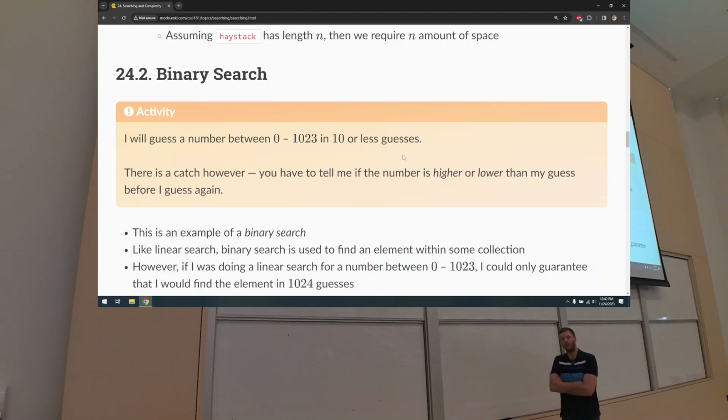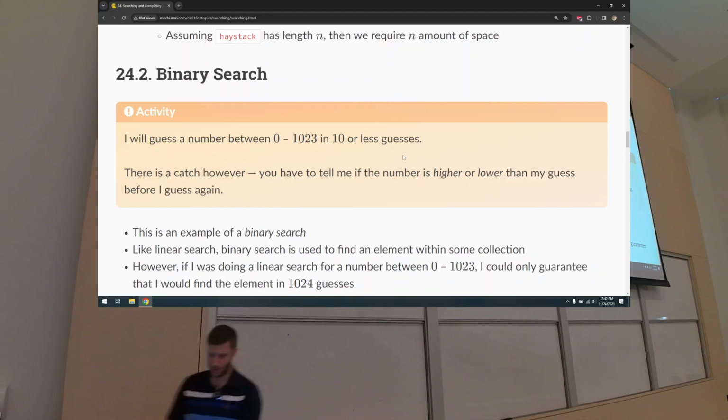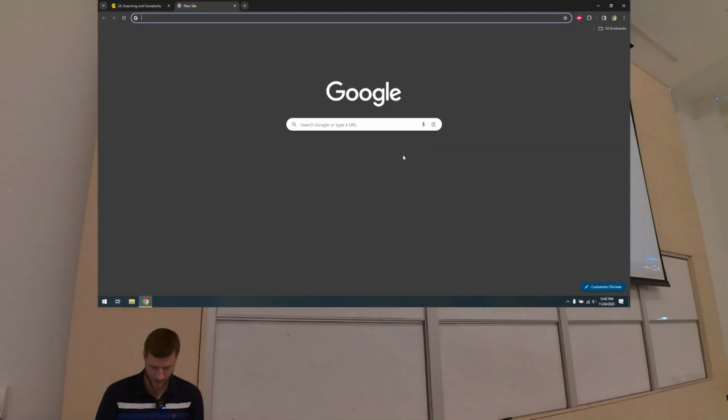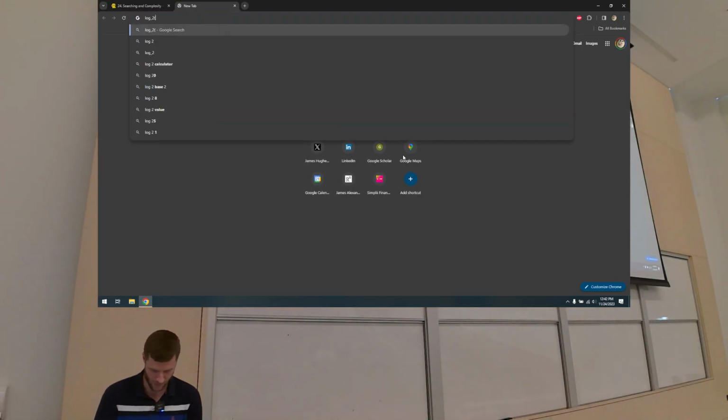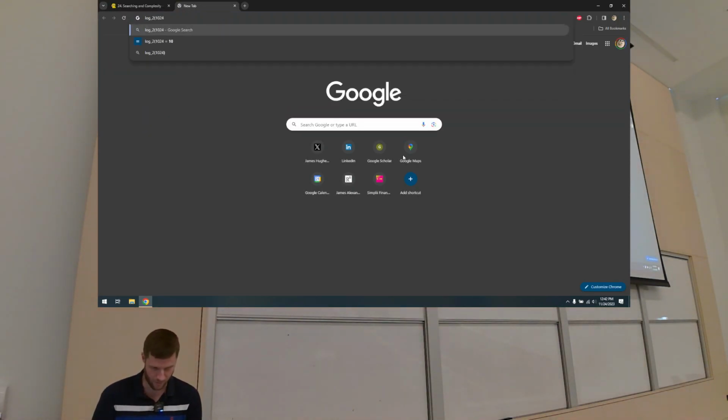So when I say log base 2 of 10, what does that mean? Let's take 1024 for simplicity.